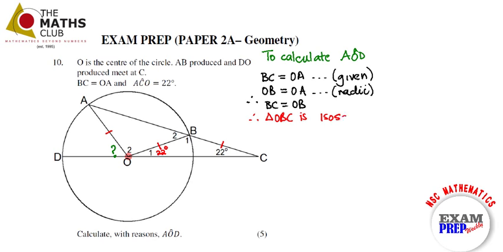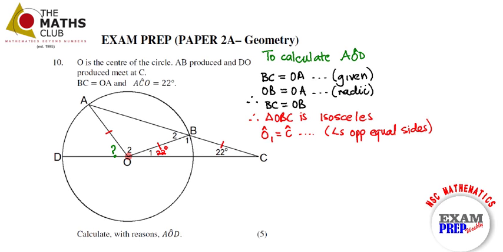And while this is not necessary, it's going to keep reminding me what am I supposed to do. From this, I then say angle O1 is equal to angle C. What is the reason? Opposite equal sides. It's the angles opposite equal sides.